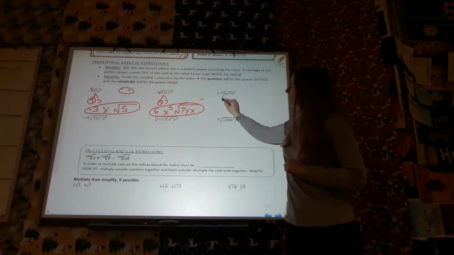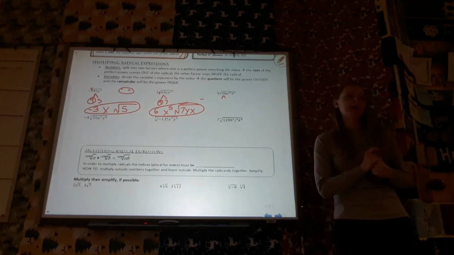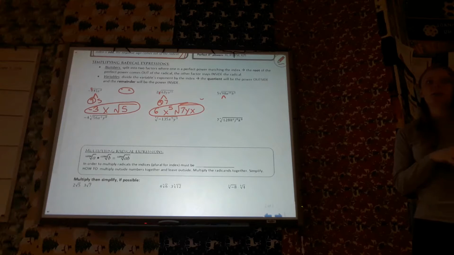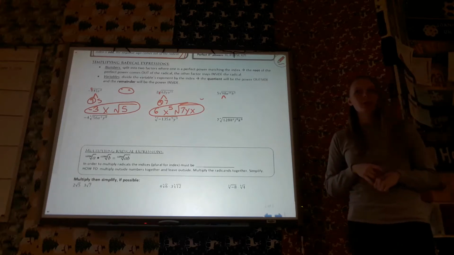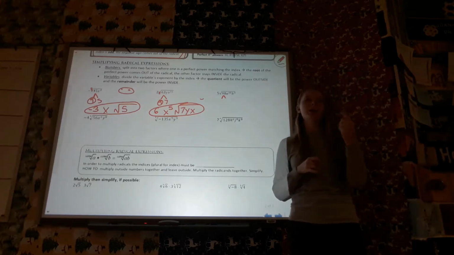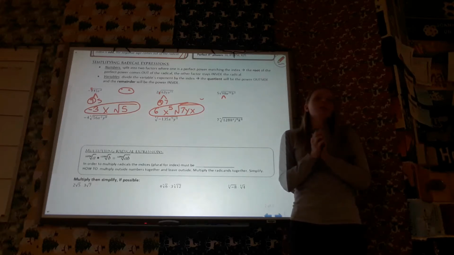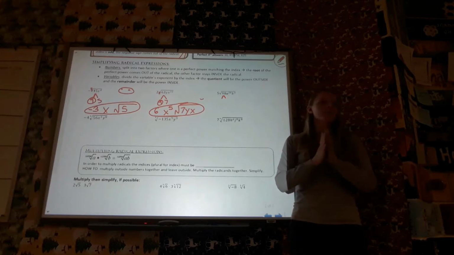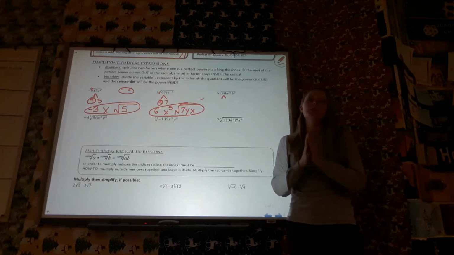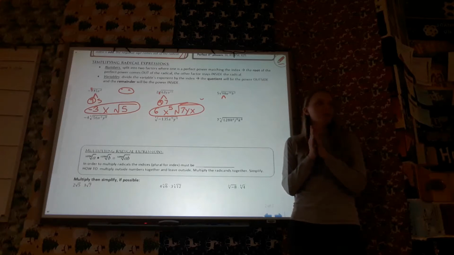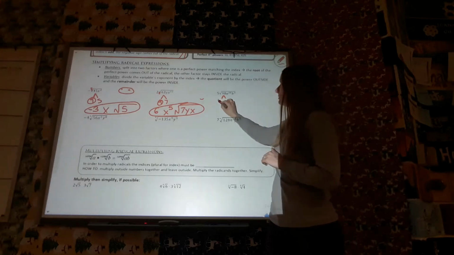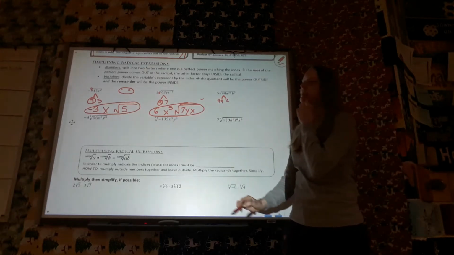Alright, next one, we have another square root, so I need a perfect square that is a factor of 98. Biggest perfect square possible. If you're not sure, you just want to start dividing 98 by perfect squares until you get to the biggest one that works. 49 and 2, because the square root is 7.